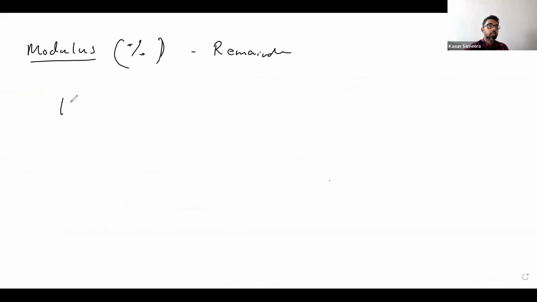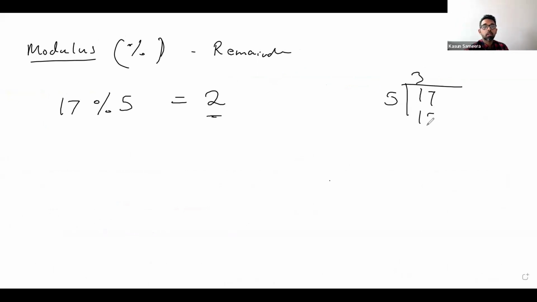That means 17 mod 5. Answer is 2. Why? We need to divide 17 by 5. 5 times 3 is 15. Remains 2. That is what modulus means. The number you get on top is the floor division or integer division.